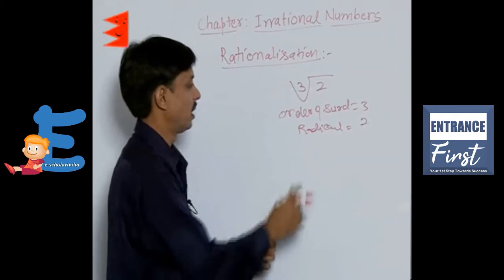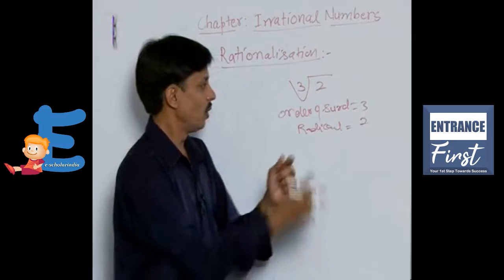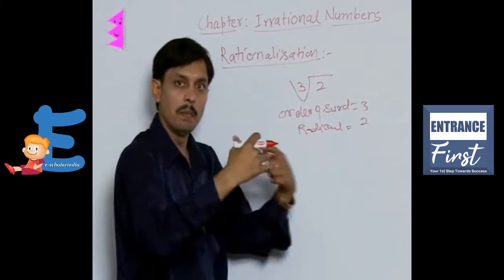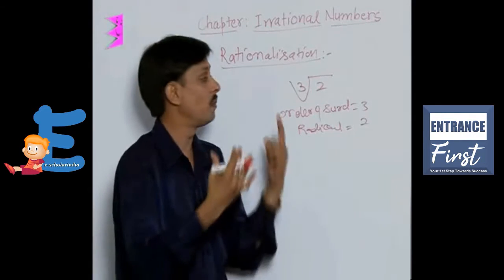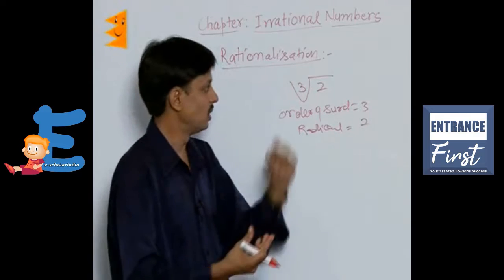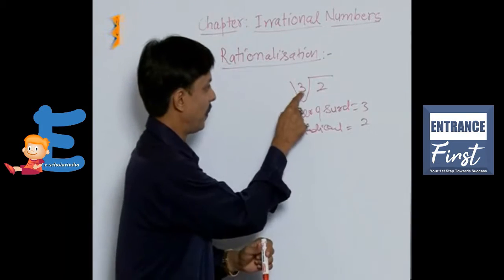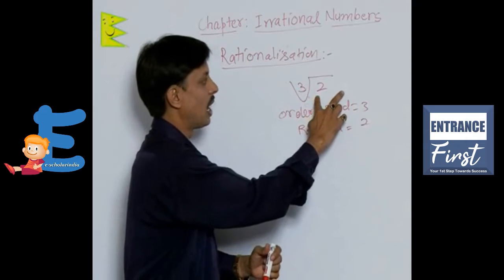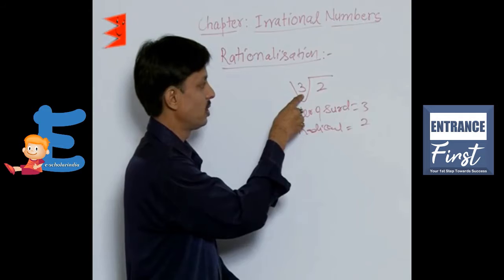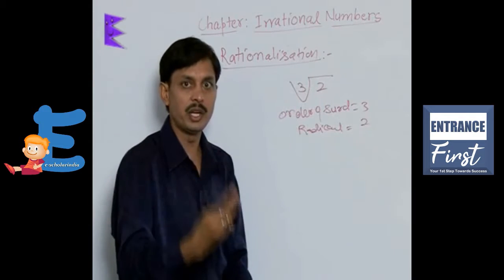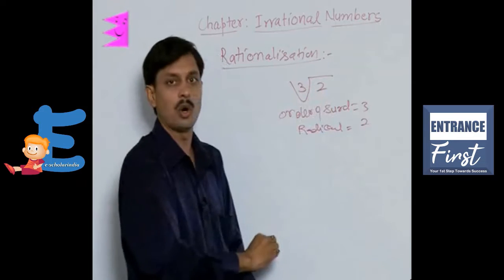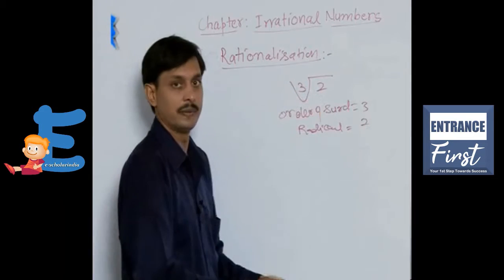So what is the least number which, when multiplied by the cube root of 2, makes it free from the cube root, or gives a rational number? If the order is 3, then there must be three 2's. So I want two more 2's, because one is already present in my surd.